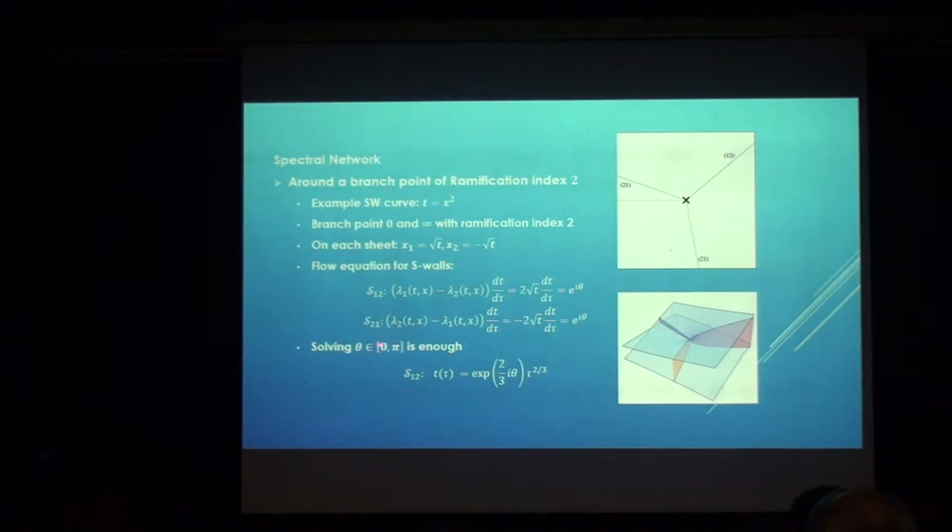When we rotate theta from 0 to pi, this S-wall just rotates by only 120 degrees. So this is one wall, and we can rotate theta by pi and get another solution, and then a third solution. On the Riemann surface, if we draw all the branches like this, the S-walls look like this one, and this one.